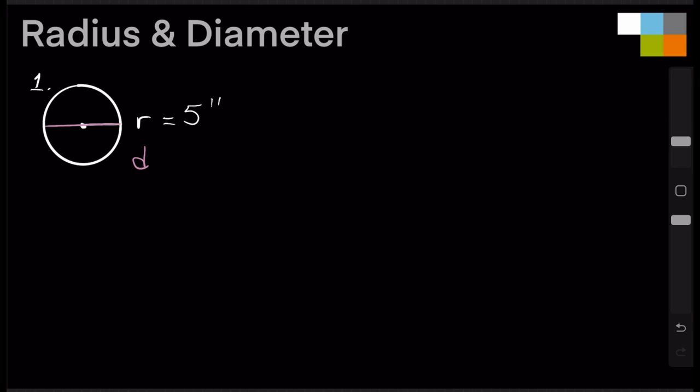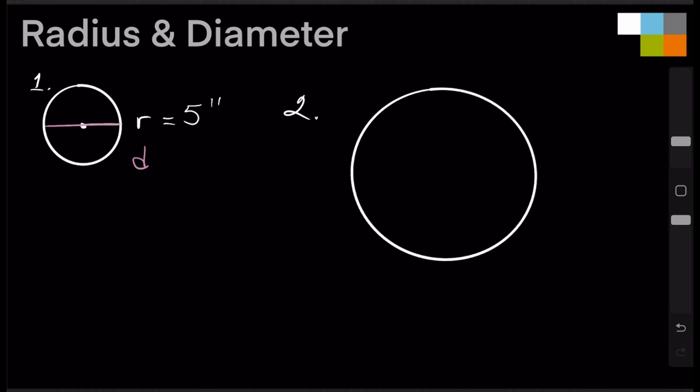Now let's say we have a second circle. In this circle, we don't know its radius. But we do know that this circle is about 4 times bigger than circle number 1. That already gives us a big clue.